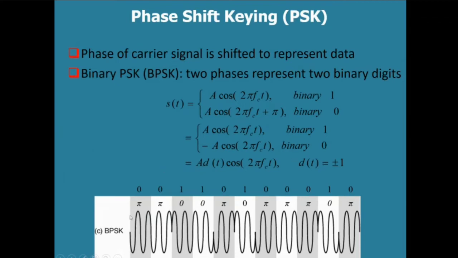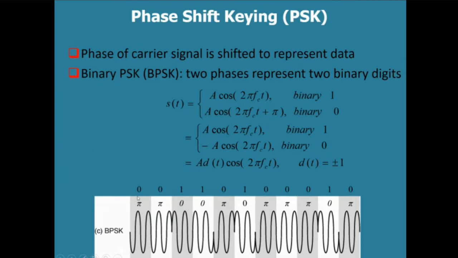See here, this is actually a BPSK signal, and here the binary data is 0011 01 000 10.